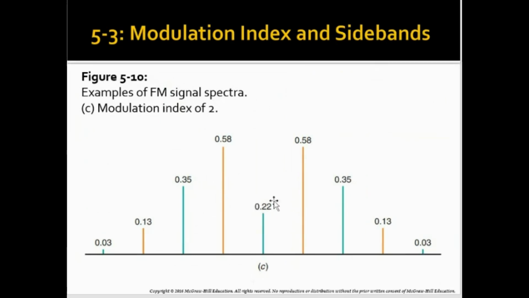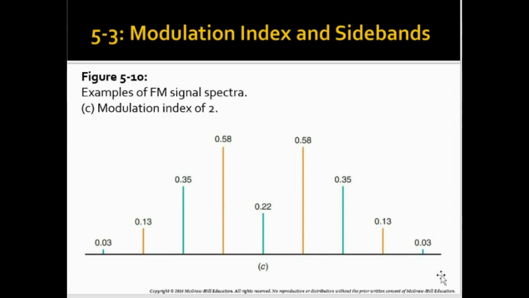So let's see in our graph. This is the carrier power, and the sidebands power. We have 4 sidebands as we've seen in the table. First one has the highest power, 0.58. Second one is 0.35. Third sideband is 0.13, and the last one is 0.03. The rest are less than 0.01%, that's why they are not shown here.